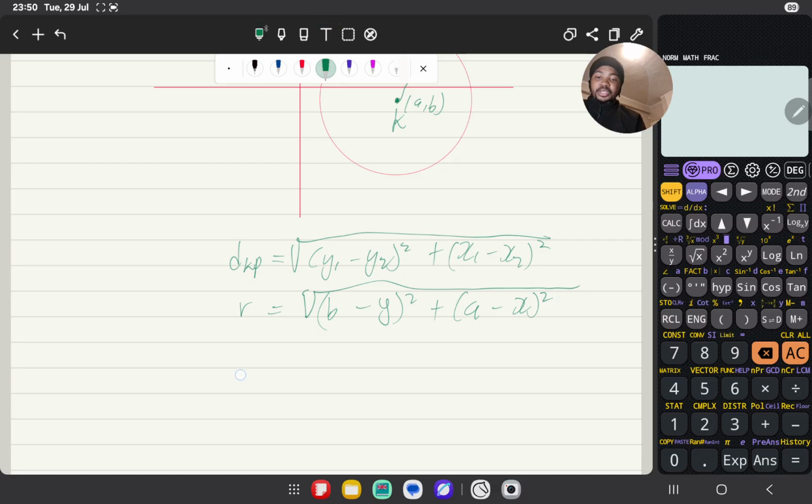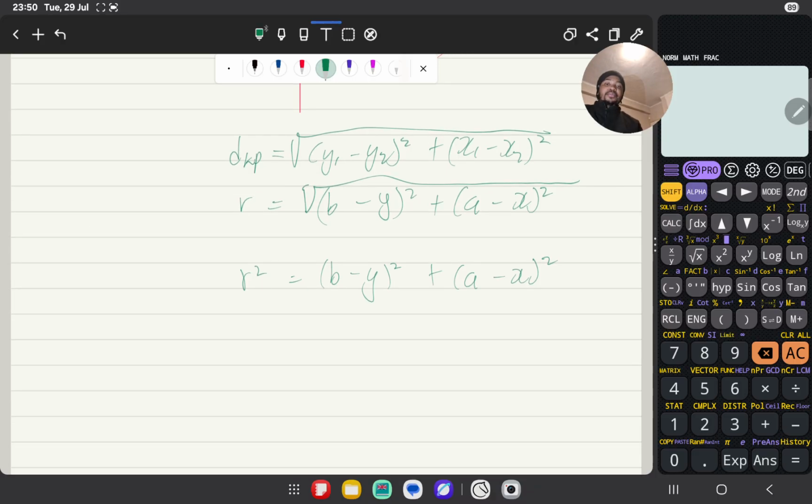And you square both sides, you get r squared equals (b minus y) squared plus (a minus x) squared. You understand? I don't like the way I wrote it, so perhaps let's go with the standard structure. It's still the same.